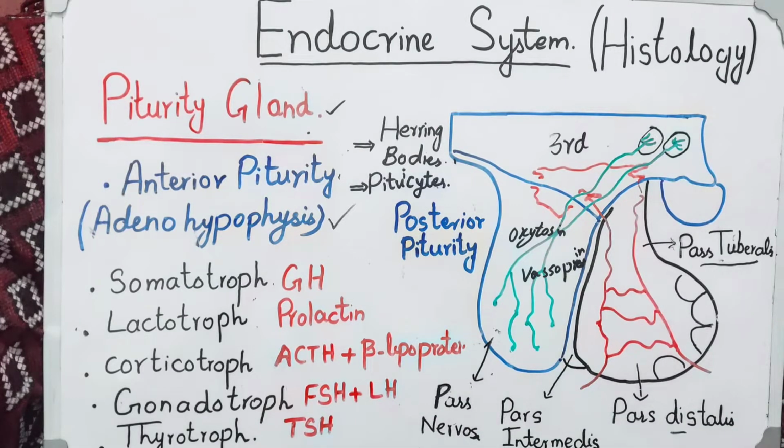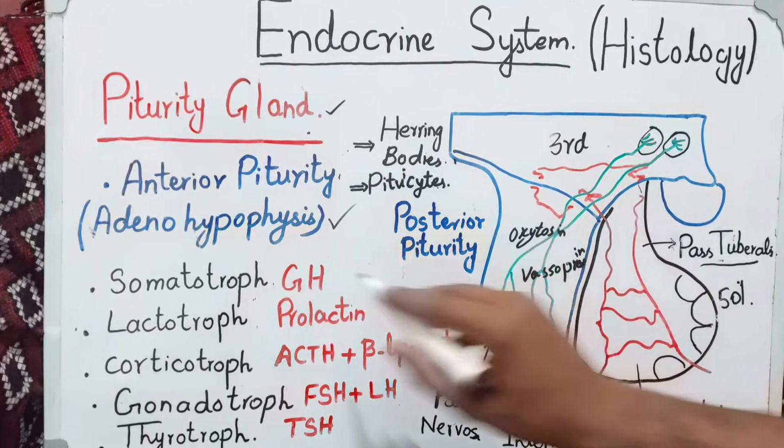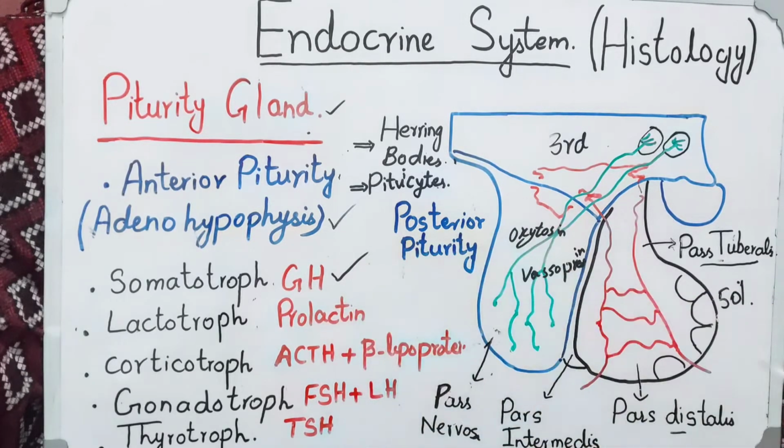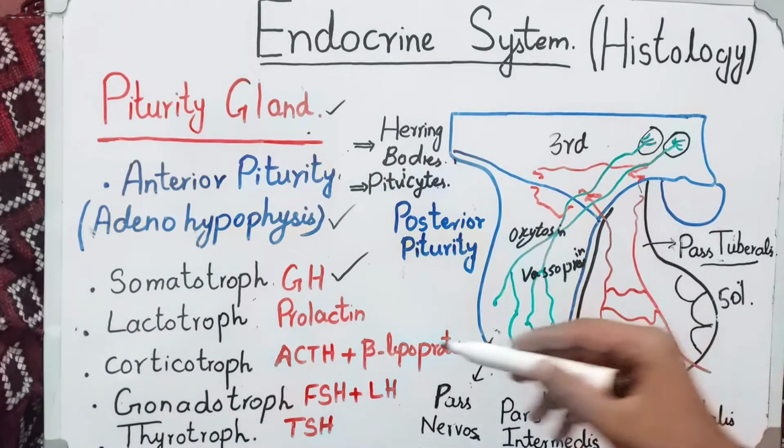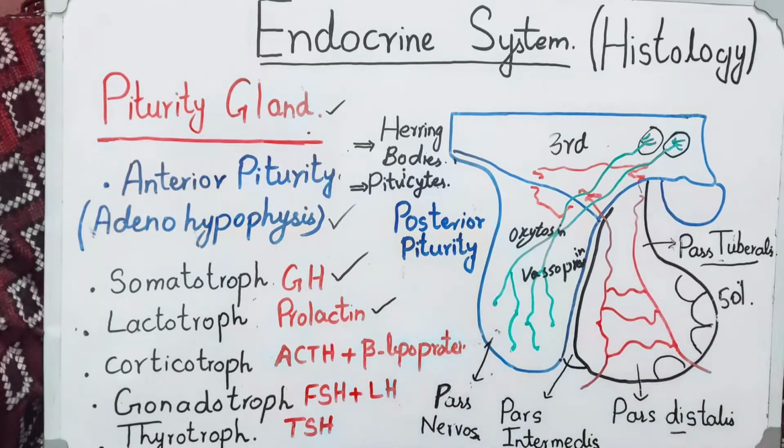In the case of the somatotroph, 50% of the cells are somatotrophs. These release growth hormone and are acidophilic in nature. Then the other cells are the lactotrophs, which release prolactin. Number three is the corticotroph.